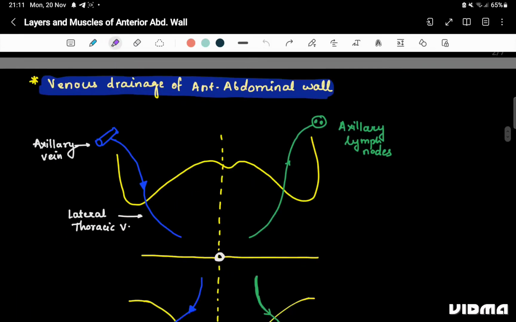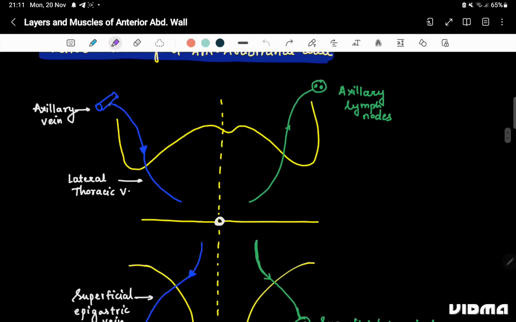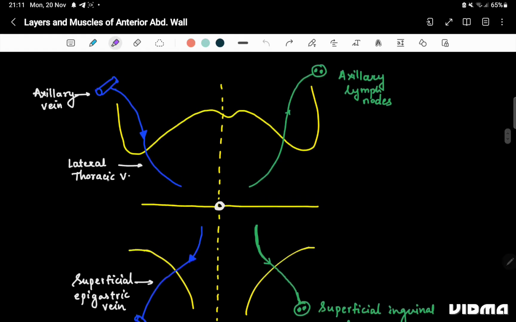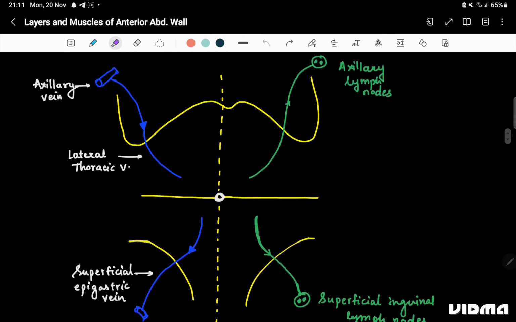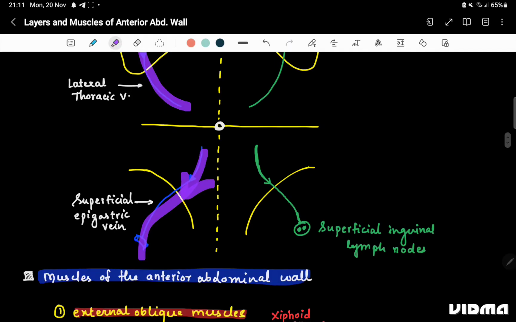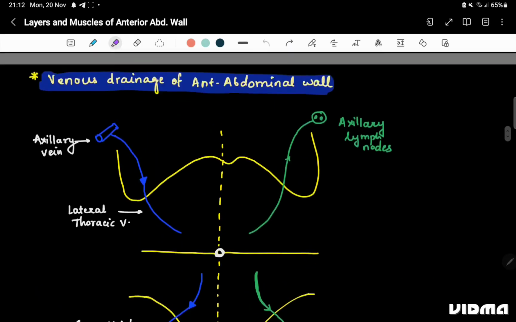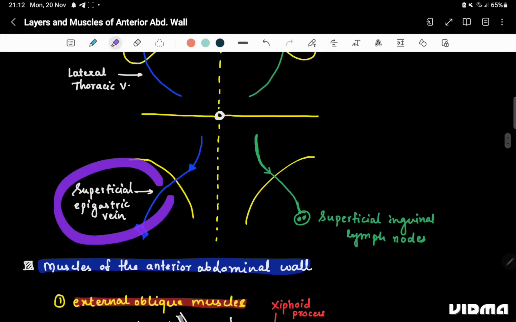Let's talk about the venous drainage. We have your axillary vein here, and the axillary vein receives the lateral thoracic vein and the superior epigastric veins. This is draining into this part and this is draining into the axillary vein, along with your superficial epigastric vein.